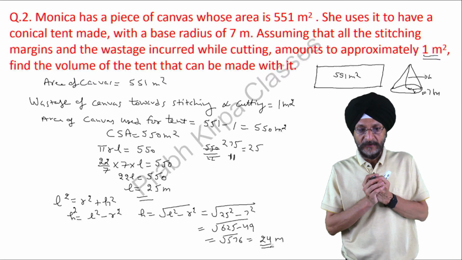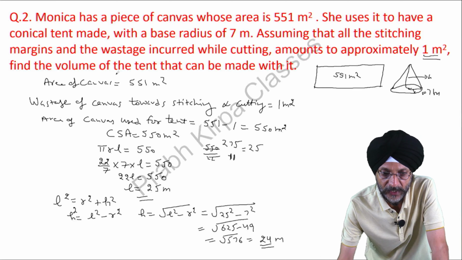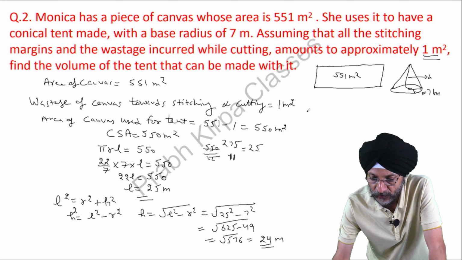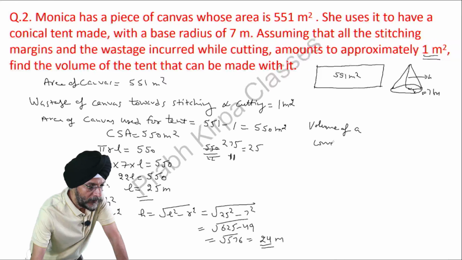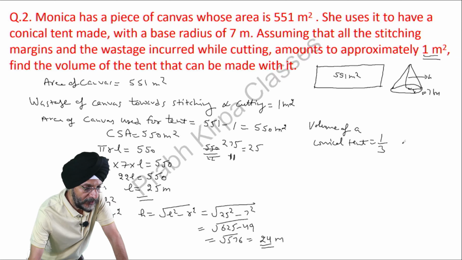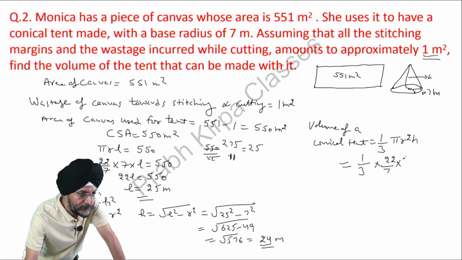Now we have before us the value of radius, value of slant height, and the value of height. Now what is the formula for finding out the volume of tent? Volume of a conical tent is equal to 1 over 3 pi r square h. 1 over 3, r square. What is the value of r? It is 7, 7 into 7. What is the value of h?